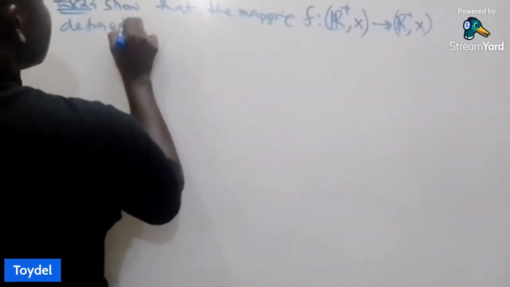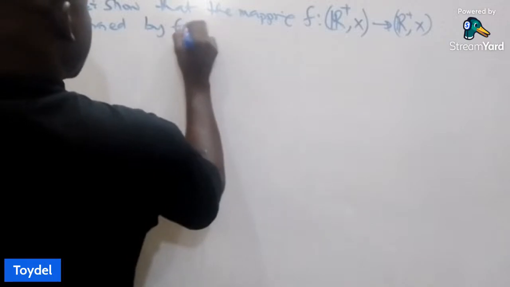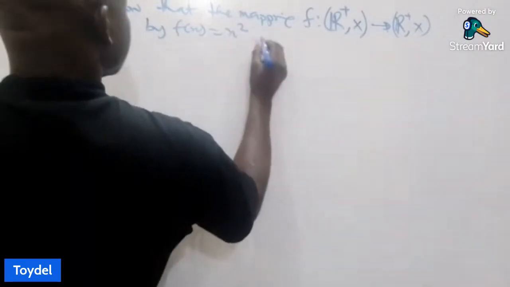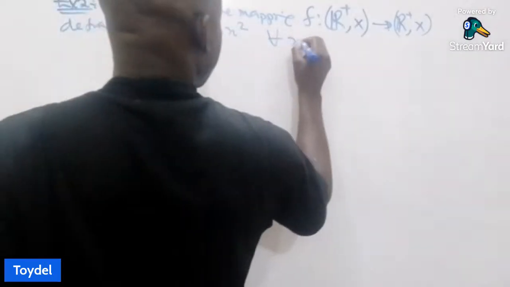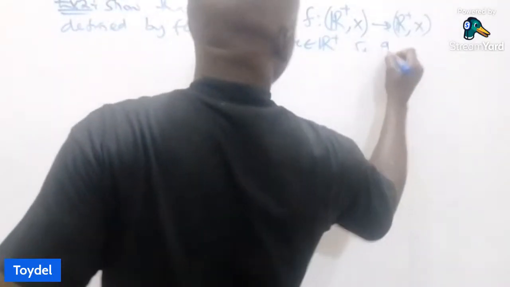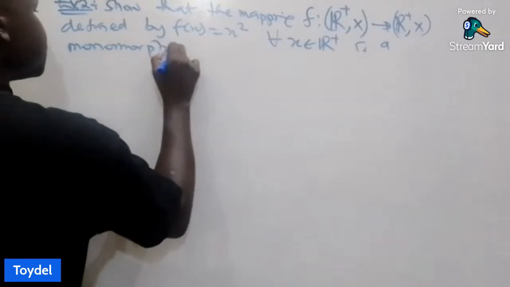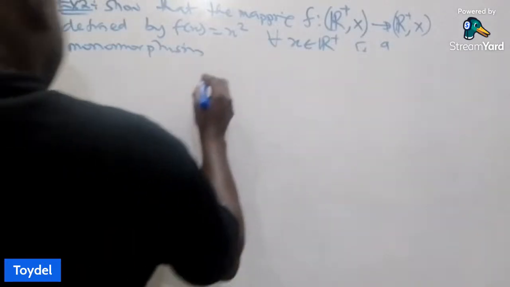Show that the mapping F defined by f of x is equal to x squared for every x that belongs to R plus is a monomorphism. That's what we have to show.